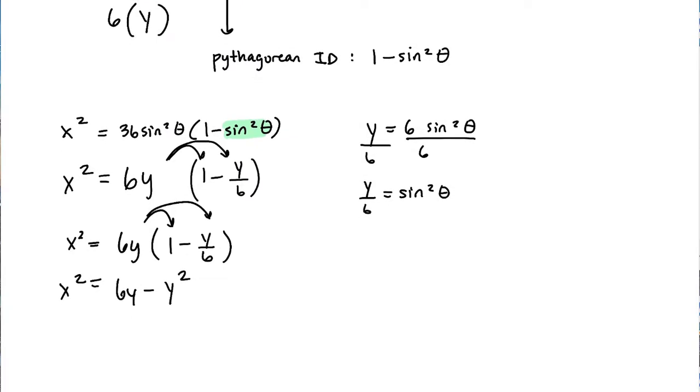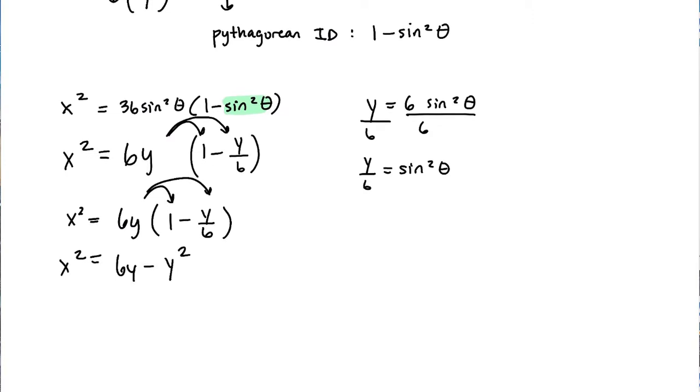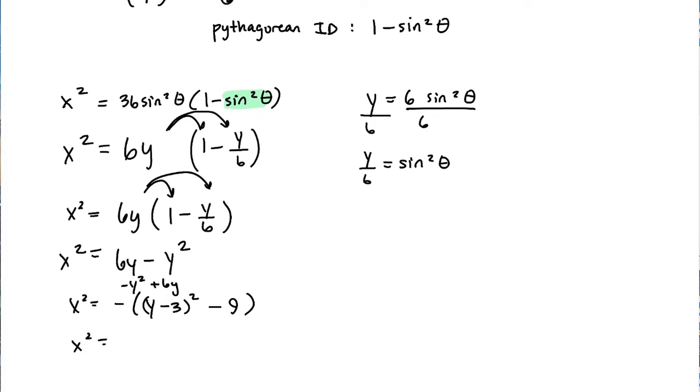And thinking about circles, it's cool if I have x squared and y squared on one side and a number on the other side. I don't know if this is going to be a circle or something else, but I want to try and think along the line. So I'll complete the square. I get x squared is equal to negative y minus 3 squared plus 9.